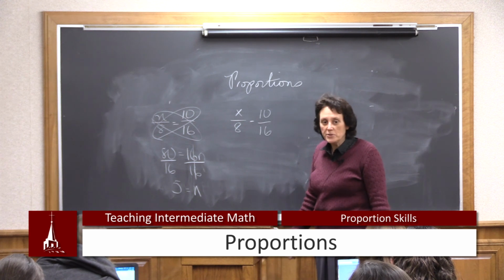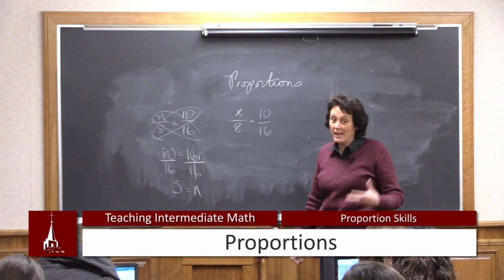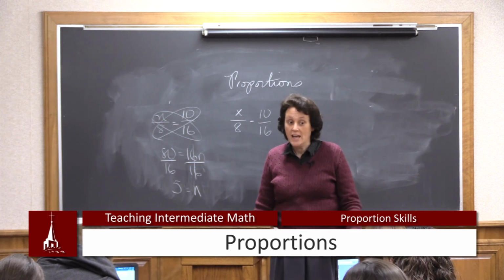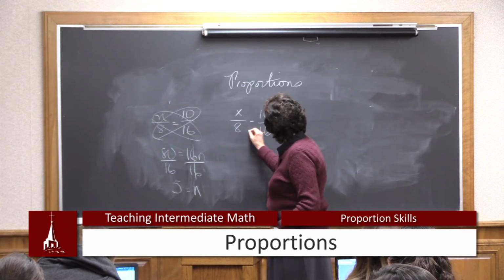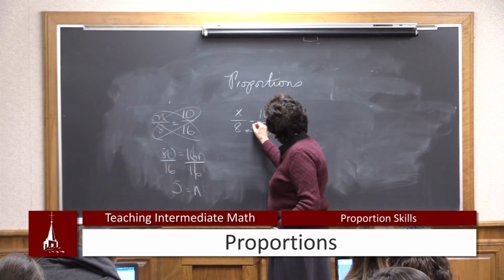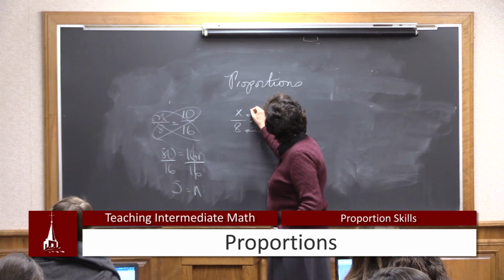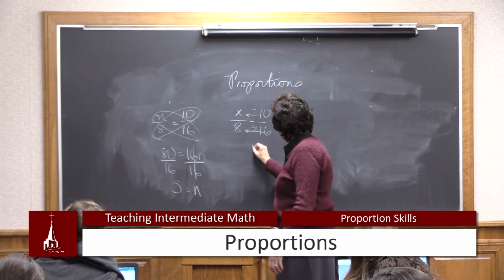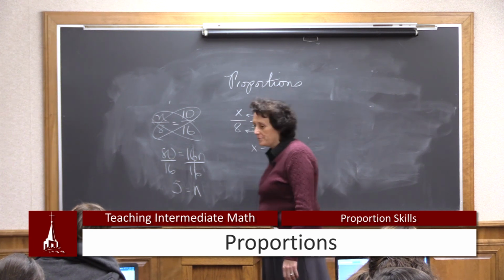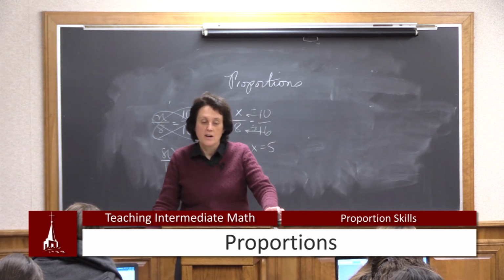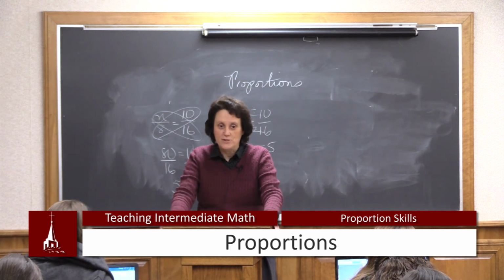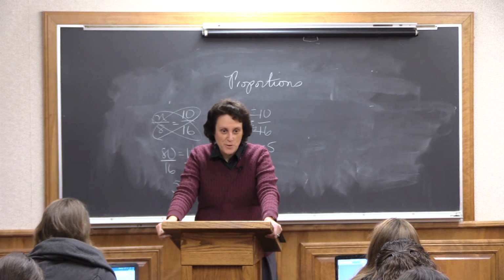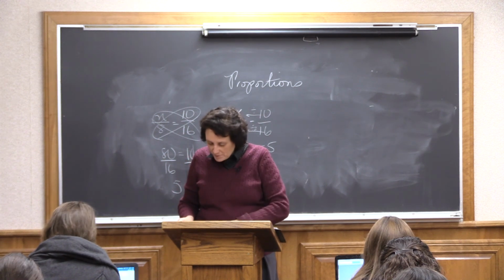This can be intuitively done by saying equal ratios have to be like equal fractions. So this was divided by 2. This then is also divided by 2. X is 5. There's nothing wrong with that procedure. Hopefully we won't have somebody coming up with the idea that they need to cross cancel. So don't cross cancel, cross multiply.